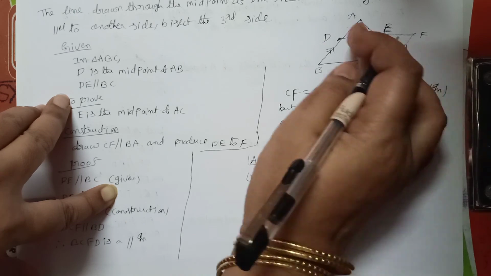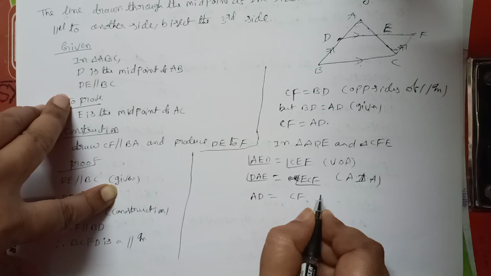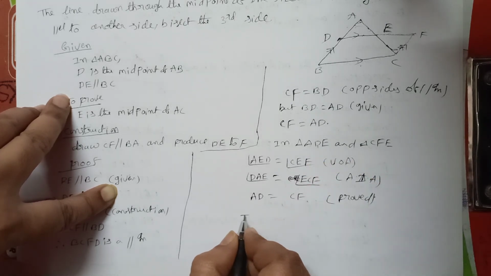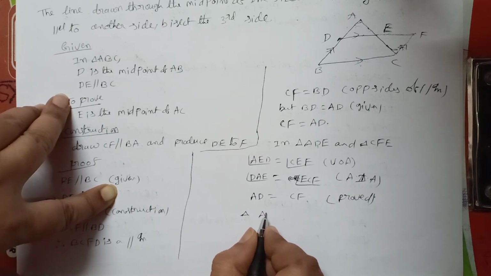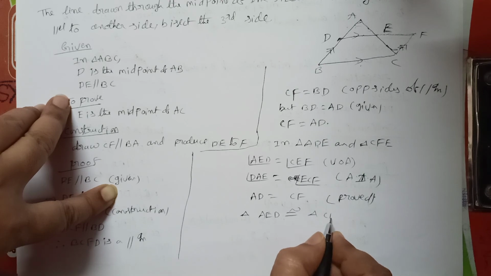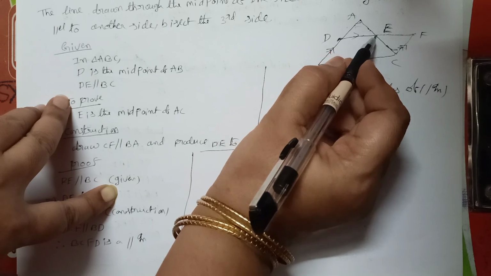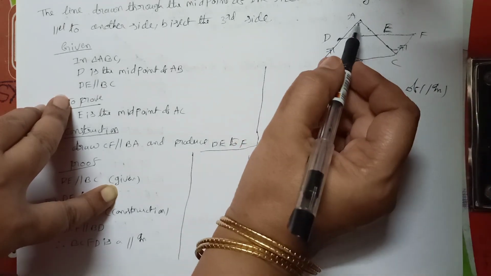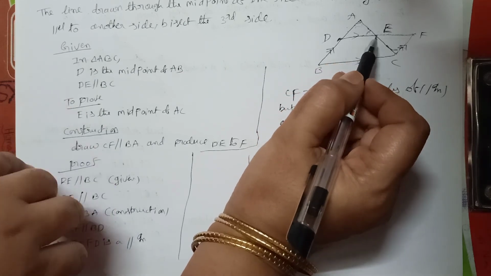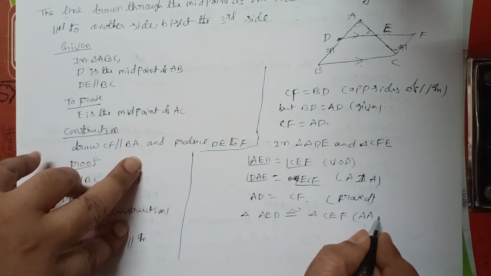CF is equal to AD, proved. Therefore, triangle AED is congruent to triangle CEF by AAS.